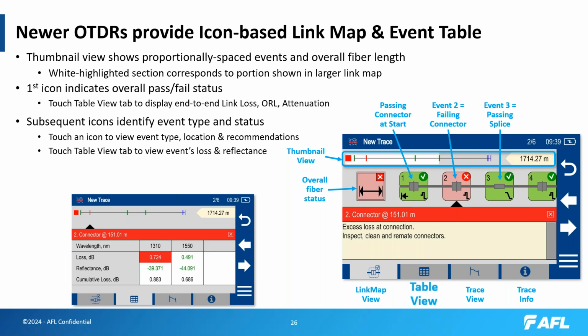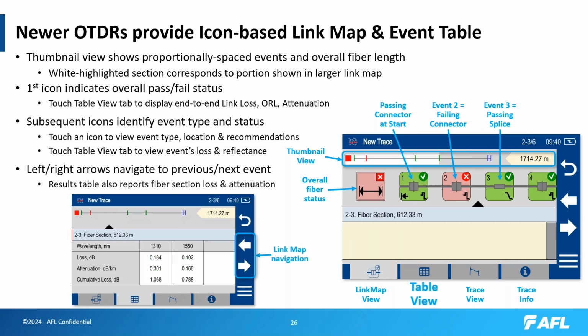That exceeds the pass-fail limit of 0.5 dB that was used in this case. My 1550 loss is okay. My reflectance at that connector is okay. So this would be an indication of probably a dirty or damaged connector. So I'd want to inspect, clean, and remate those connections.